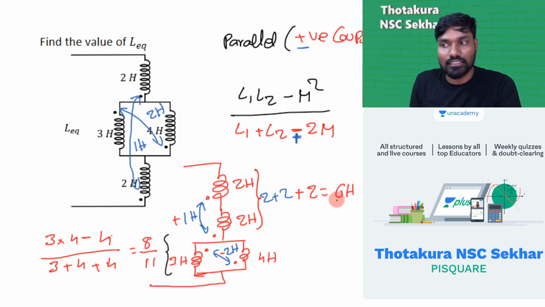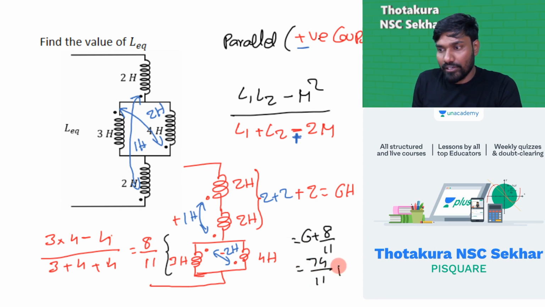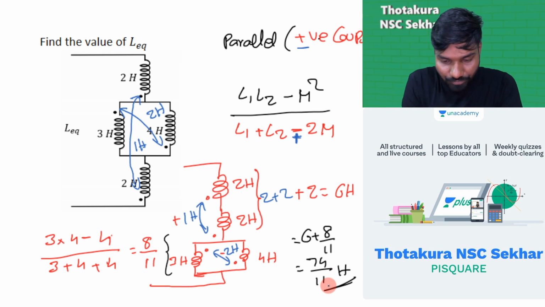The resultant of the other is 6 Henry. 6 and 8 by 11 in series, so 6 plus 8 by 11 is the answer. 11 sixes are 66, 66 plus 8 is 74 by 11 Henry. Resultant is 74 by 11 Henry. That's the answer. Let's go to the next question quickly.